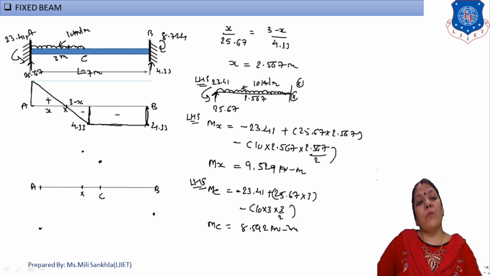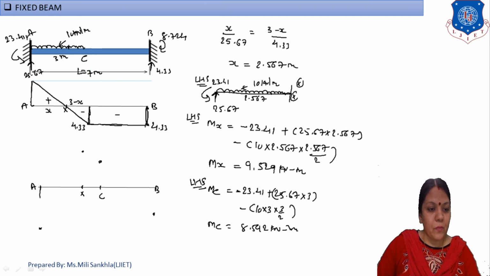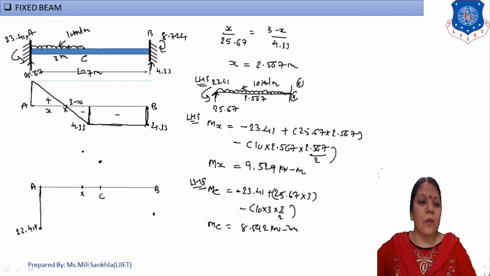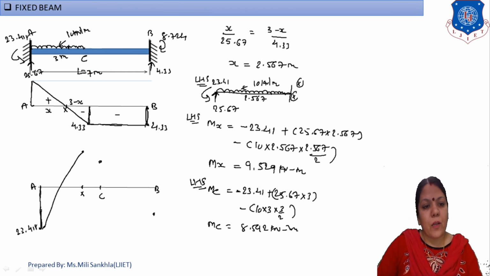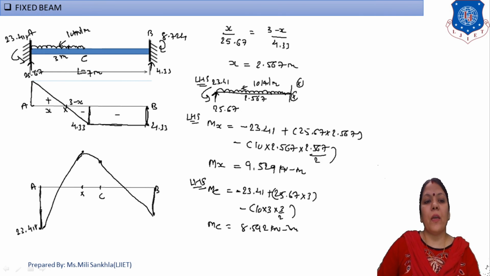Now, in the portion where the UDL load is given, our BM diagram is a parabola, and in the portion with no load it is inclined. First of all draw this height, and this point is 23.41, our first value, and this is our parabola. Just like this, make this point; from here up to this point we draw the parabola, and here there is no loading, so simply an inclined line.